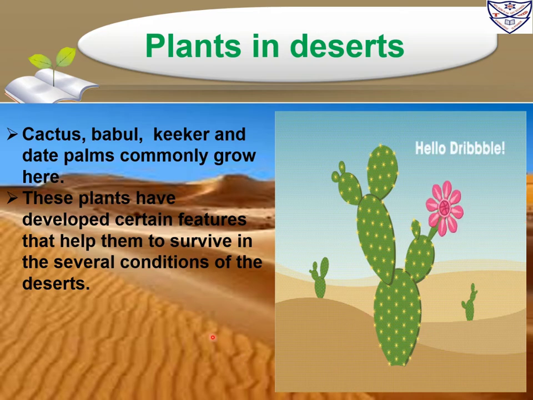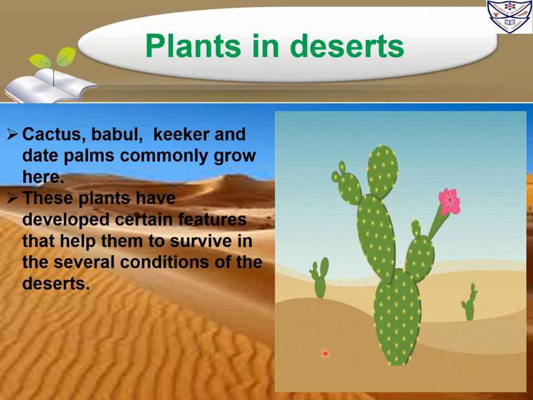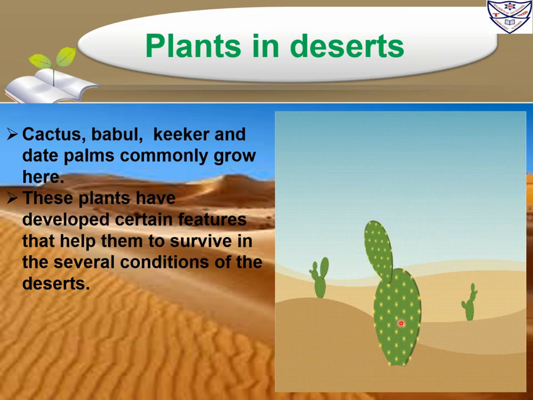They do not have any leaves or have few, so the photosynthesis is carried out by the green stems. They store water in the stem, which becomes fleshy. Here you can see in this picture. Most plants have thorns which reduce loss of water. Here, these parts are called thorns.